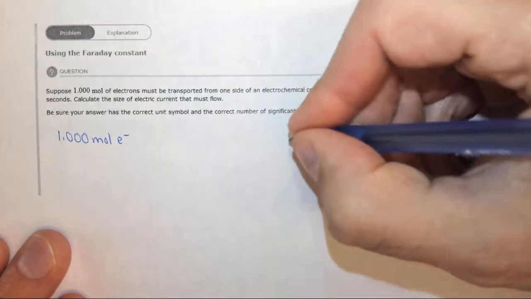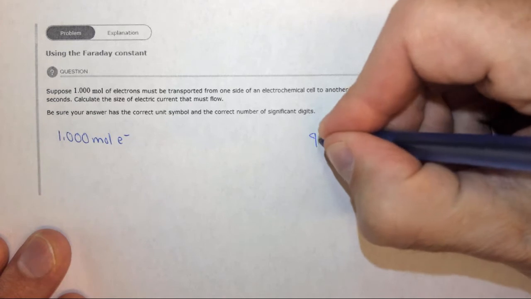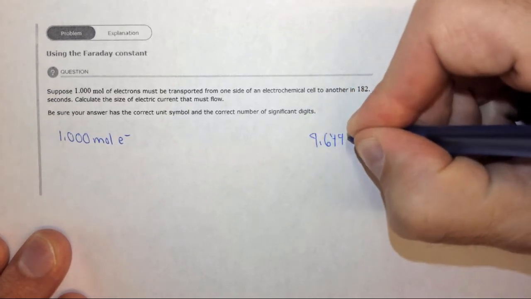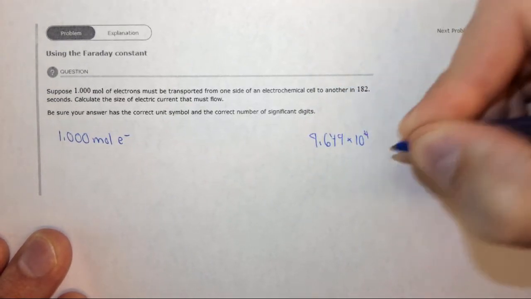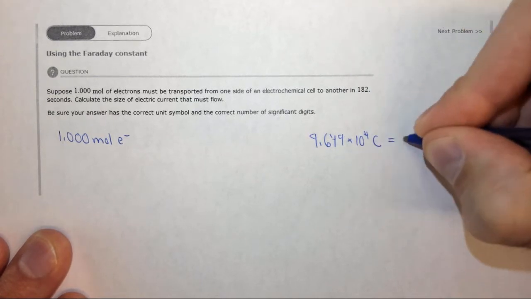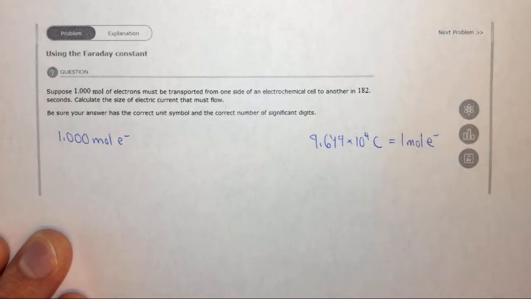So in this case we're starting with our 1.00 moles of electrons. We again want to use Faraday's constant and the relationship that 9.649 times 10 to the 4 coulombs equals 1 mole of electrons.